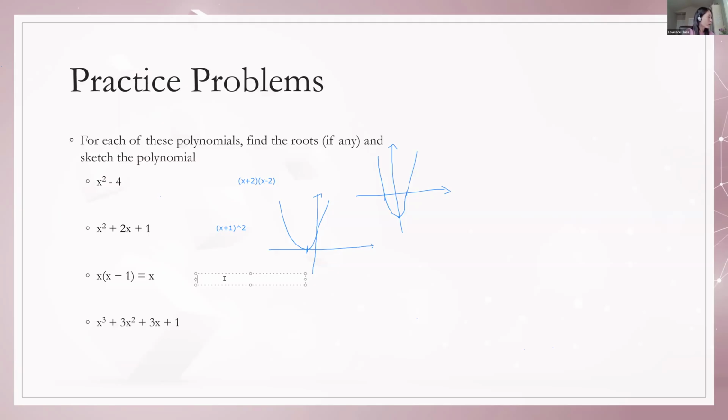But actually, x equals 0 is also a root. So probably what you want to do is move everything to one side first: x squared minus 2x equals 0. Then you can factor, and the two roots are x equals 0 and x equals 2. Then you just graph it normally.